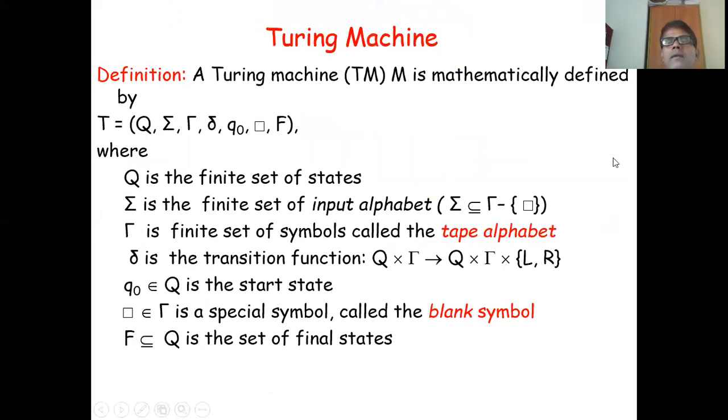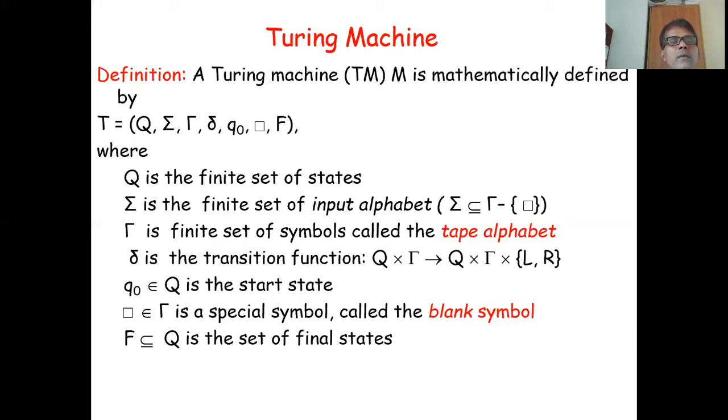Mathematically, we define a Turing machine as the 7-tuple T = (Q, Σ, Γ, δ, q0, □, F).